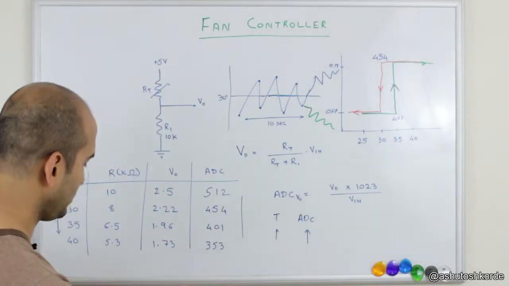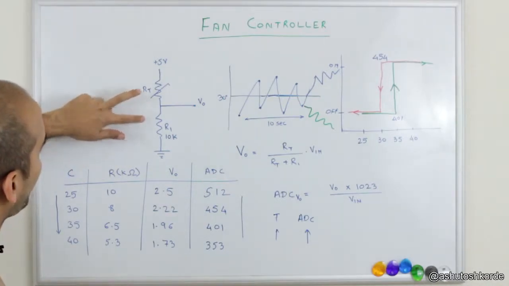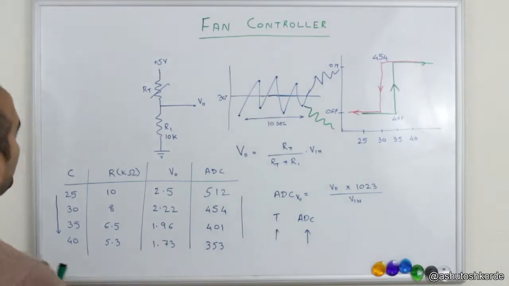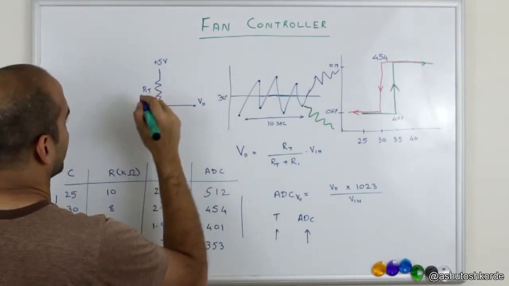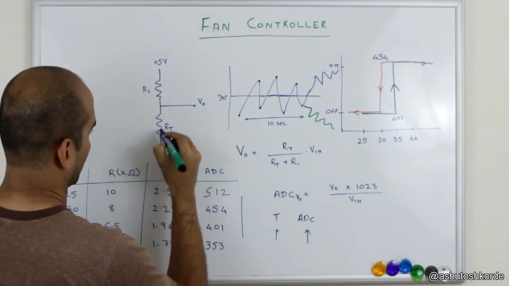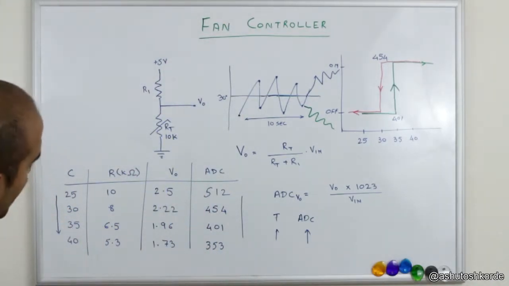So to do that, all we need to do is just swap the R1 and RT. And by doing that, what we get is something like this.